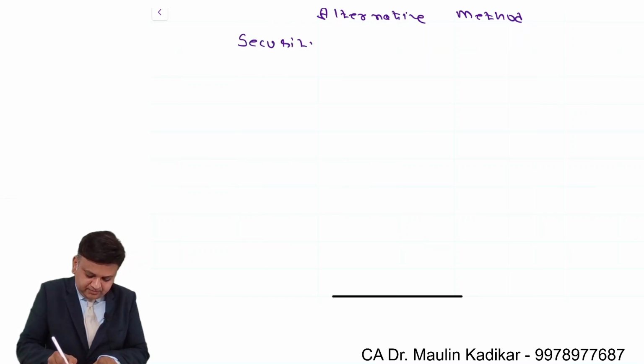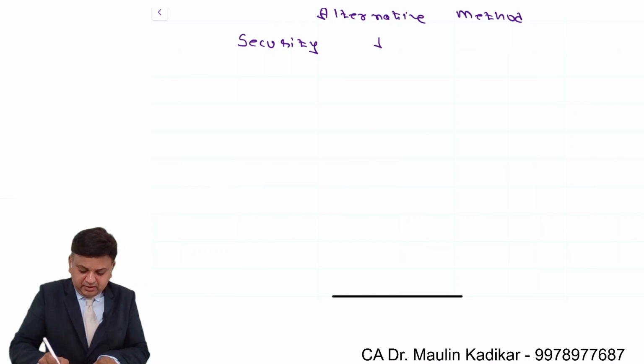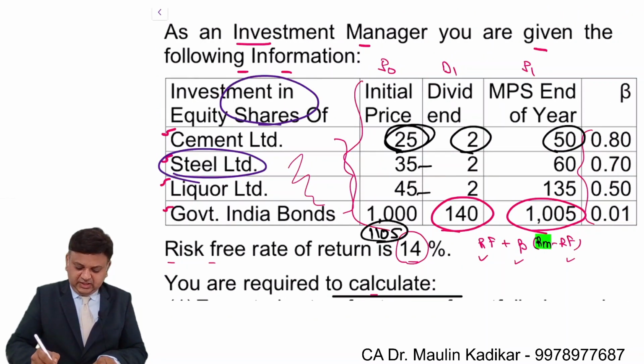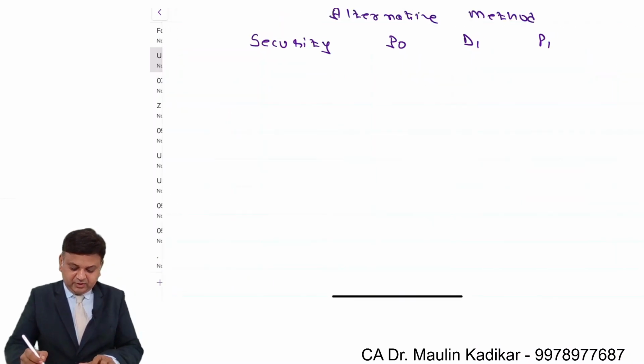Name of the security, column number 1, P0, column number 2, D1 and P1. This is the name of the security, P0, D1 and P1. So what will happen over here?